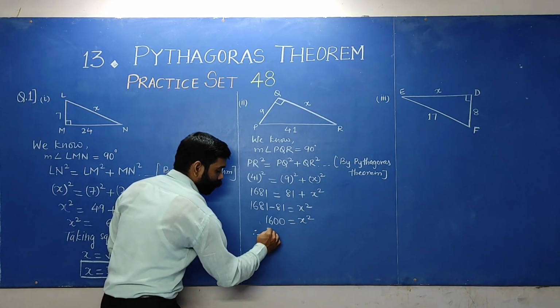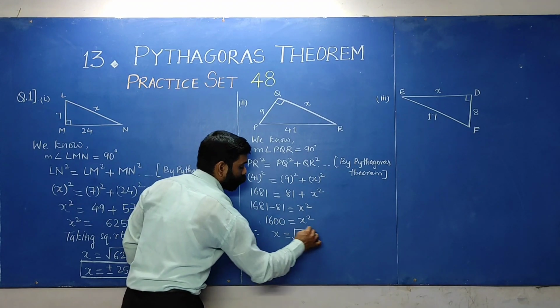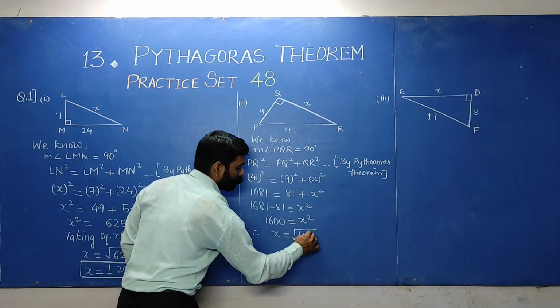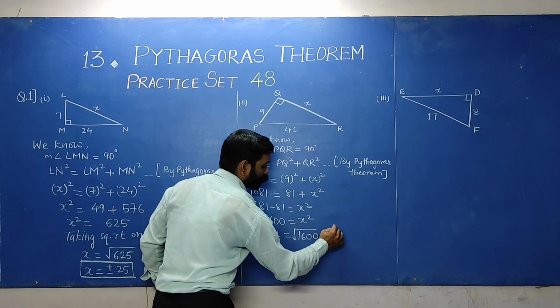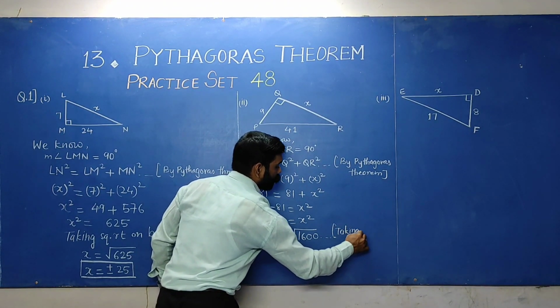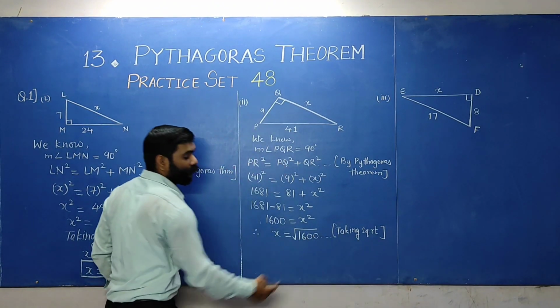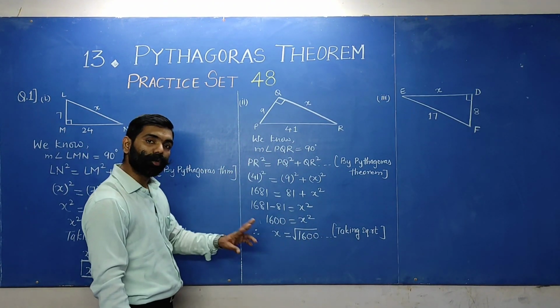Therefore, x is equal to root 1600, taking square root on both sides.